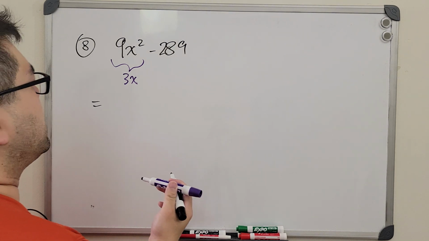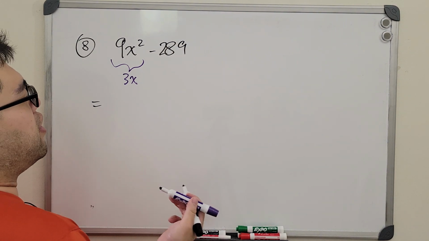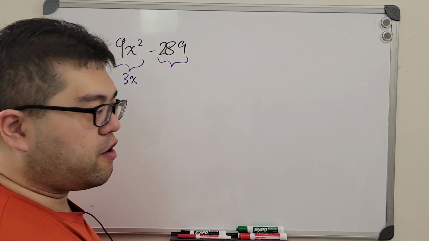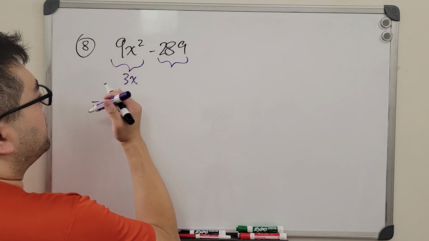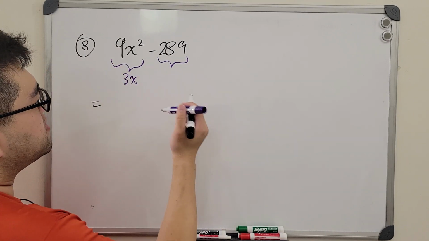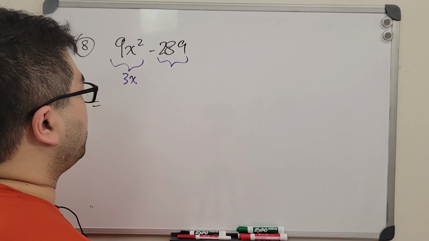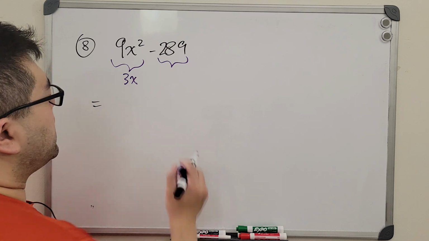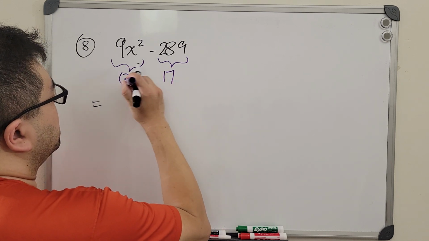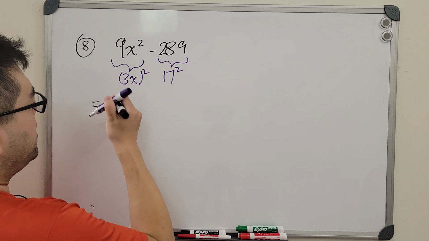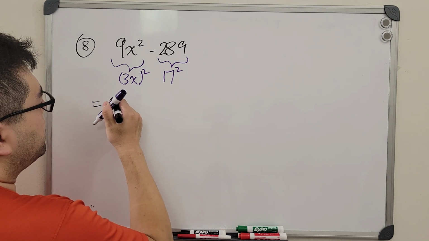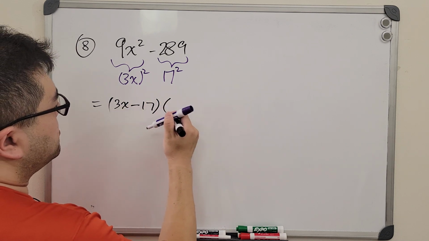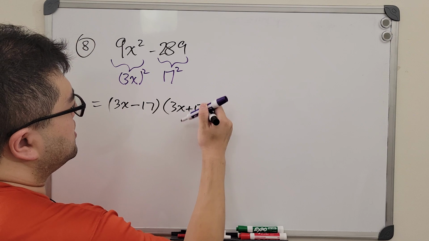Well, we take the square root of 9 times the square root of x squared, which is one of the properties of radicals. Then we get 3 times x. Then what is our b? Well, b squared is 289, and the square root of 289 is 17. So as we factor using the formula, we get 3x minus 17 times 3x plus 17.